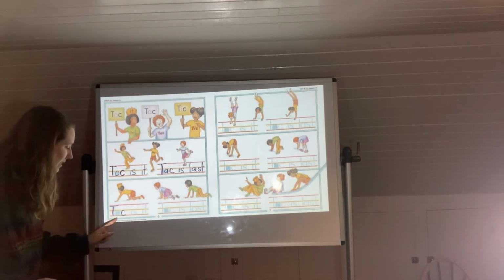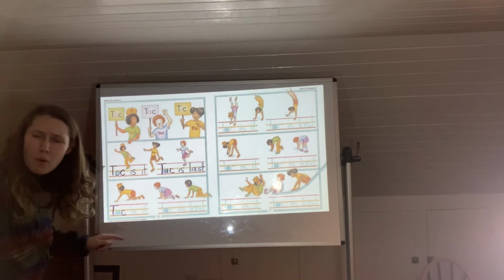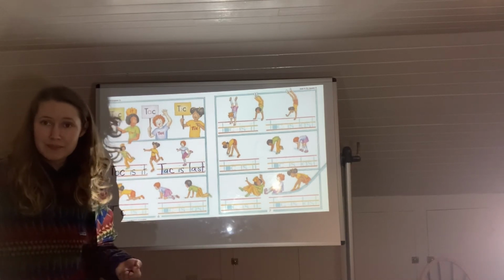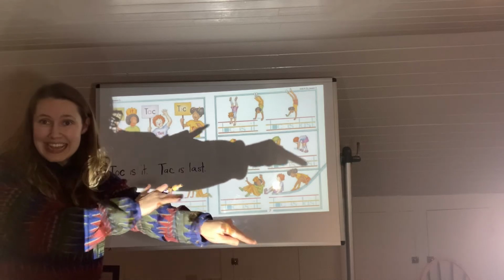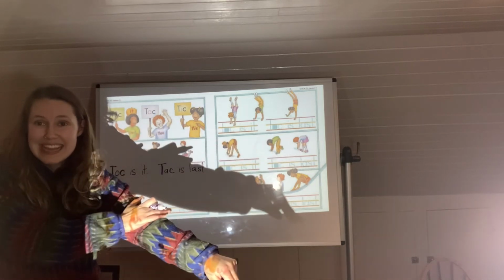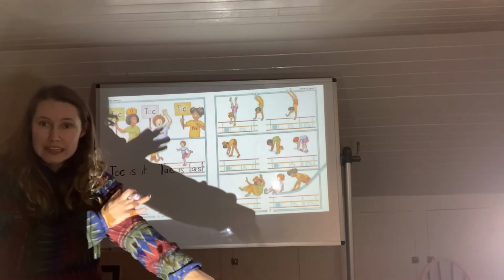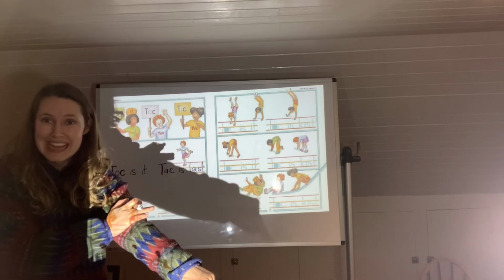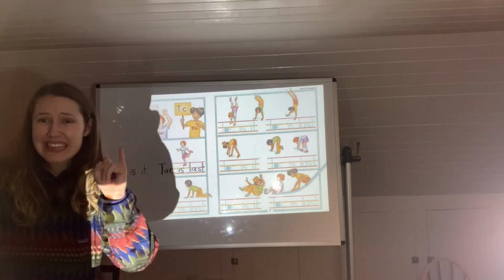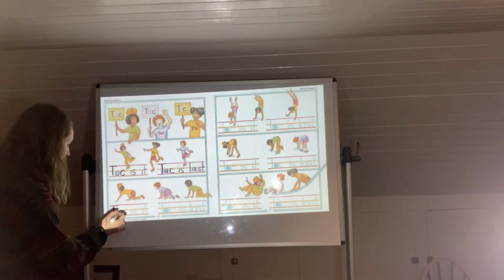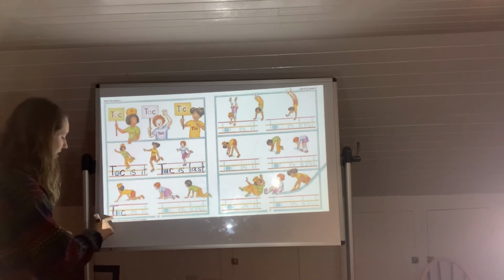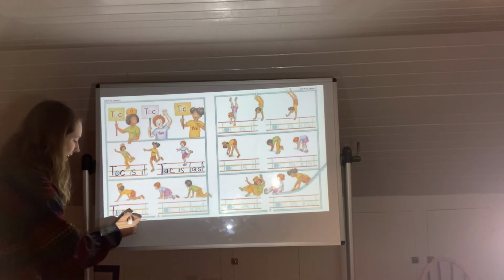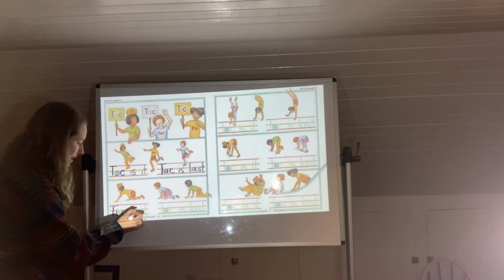So I trace my T and my C, but what letter am I missing in the middle? T, ick. What do I need in the middle there? I. I need a letter I, so I'm going to fill in my letter I. Tick. And then we have our memory words again, is, it.